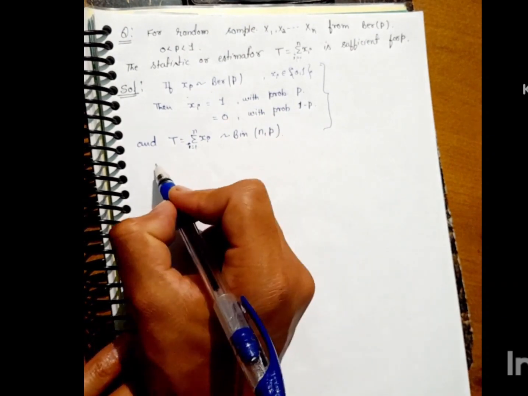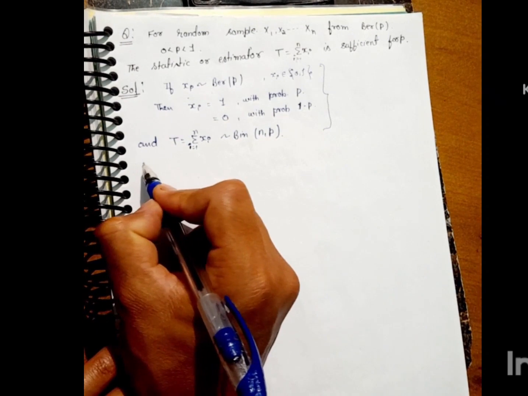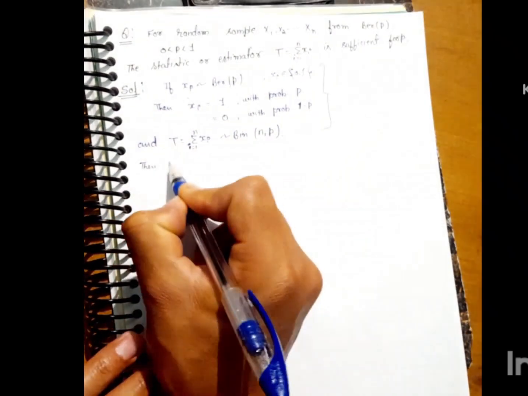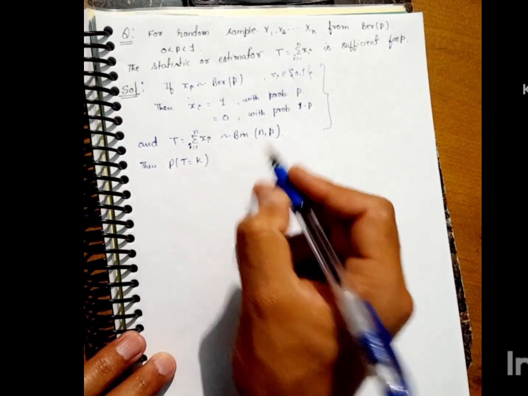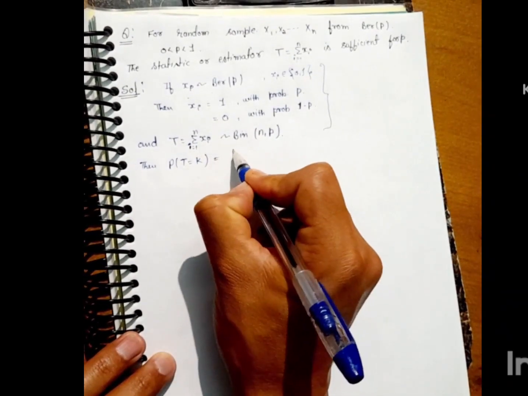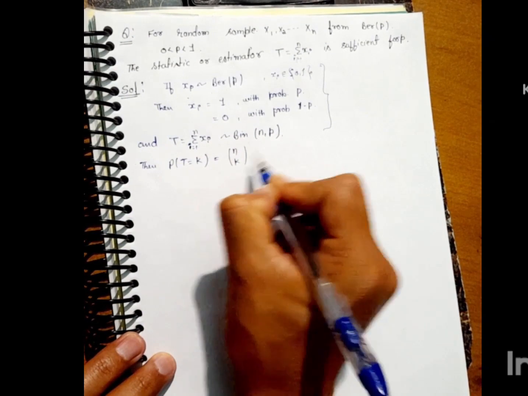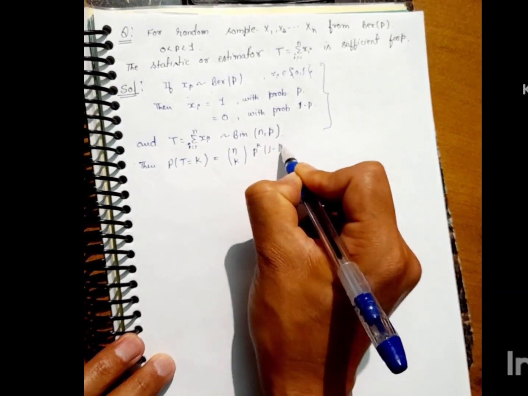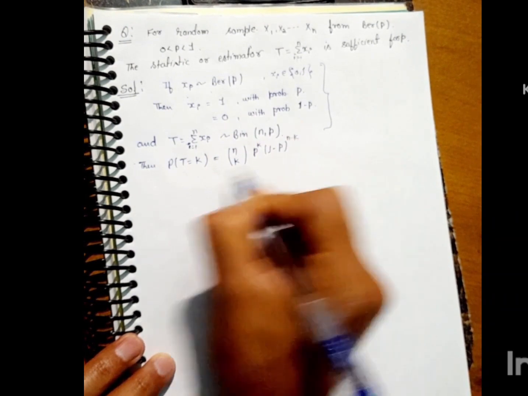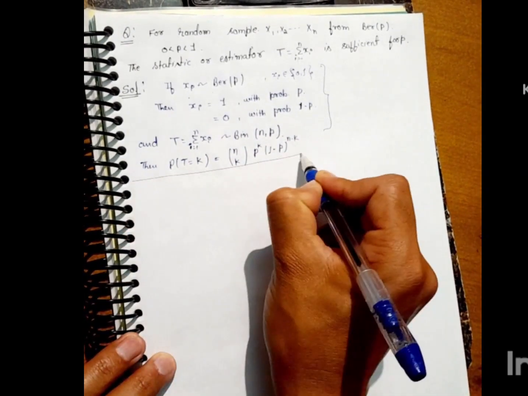So if T takes value k, then its probability is nCk p to the power k times (1 minus p) to the power n minus k. This is the distribution function of the binomial distribution.